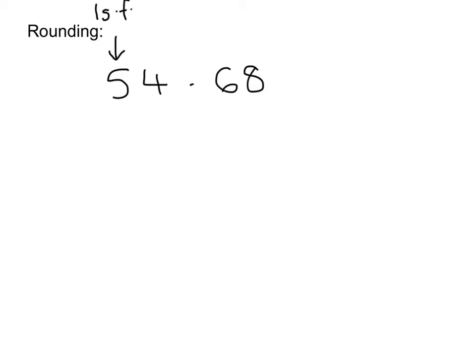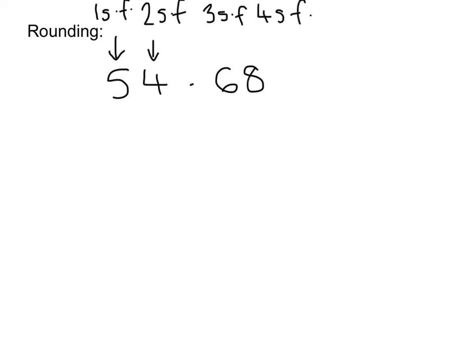Now, in the same way that as we go across, we go 1 decimal place, 2 decimal place, 3 decimal place, it's the same as significant figures. So the number next to the first significant figure will be the 2nd significant figure. Next to that will be the 3rd significant figure. And of course, next to that will be the 4th significant figure.